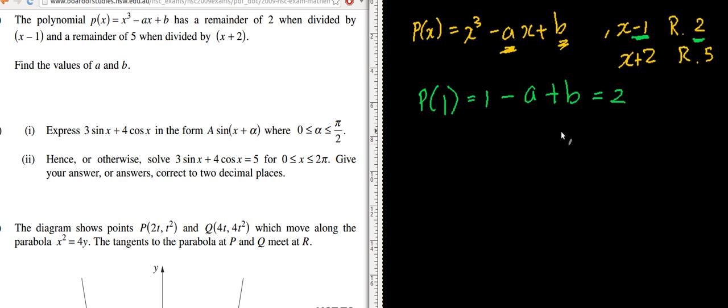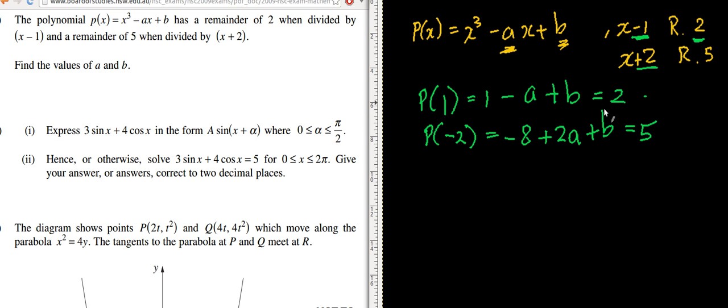So easy. And then the second clue is P of negative 2. Negative 2 to the power of 3 is going to be negative 8, and then minus 2 will give me plus 2a plus b is equal to 5 in this case.